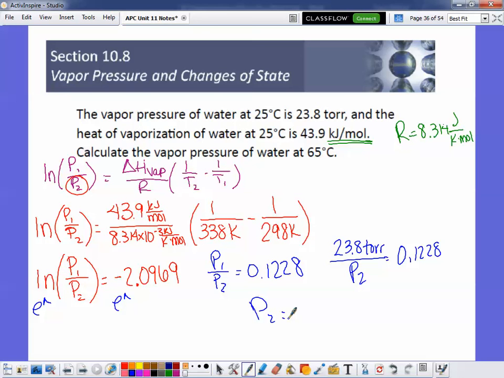Oh, I did something wrong. I'm getting 194. I think I just typed something wrong. Hold on. Did I put the R value? You got 194? It just seems really high.